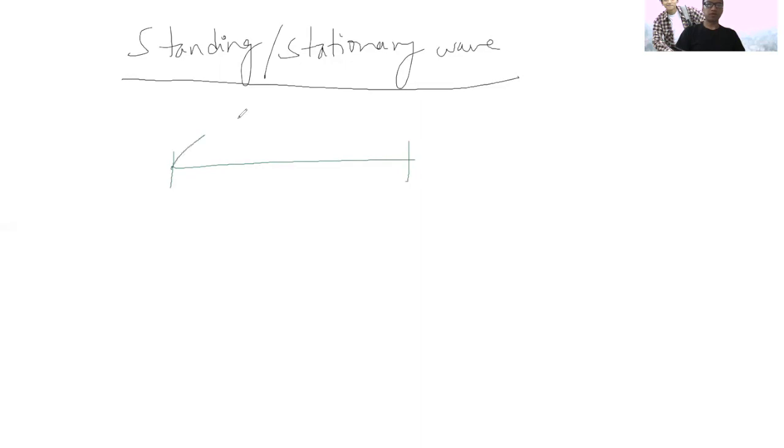A wave going from one position hits the other position and gets reflected back to the initial position. So this is the nature of the standing wave.